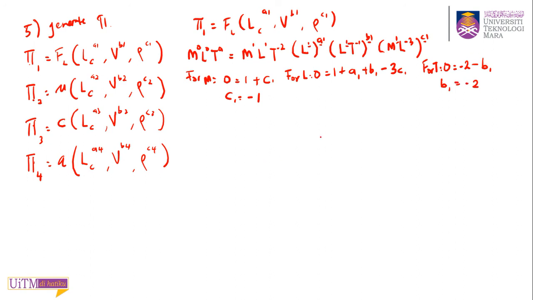Okay, and then we can solve for A, so 0 equal to 1 plus A1 plus B1, B1 is equal to minus 2, so minus 2, minus 3 C1, C1 is minus 1, so minus times minus is plus, so plus 3. And A1 will equal to minus 1 plus 2 minus 3, so this will be minus 1 plus 2 is minus 1, minus 1 minus 3 is minus 4.